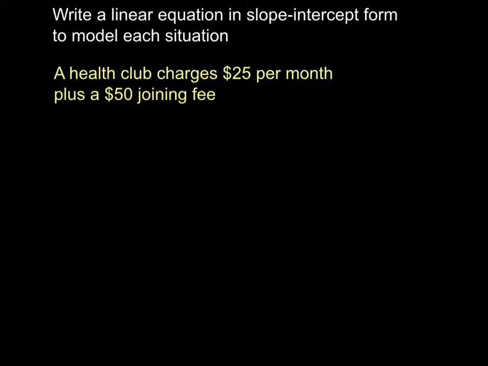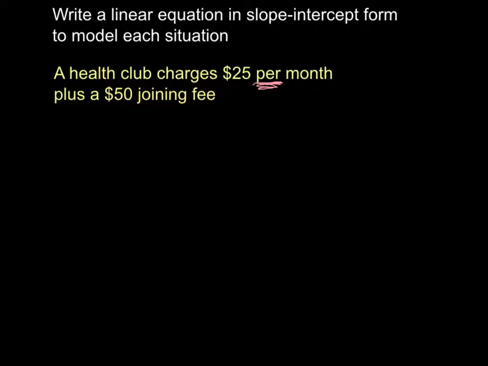Questions 16 and 17 ask us to write a linear equation in slope-intercept form to model each situation. Question 16 says a health club charges $25 per month plus a $50 joining fee. We see the word per there, which means this is the thing that we're going to be multiplying because it happens every month.